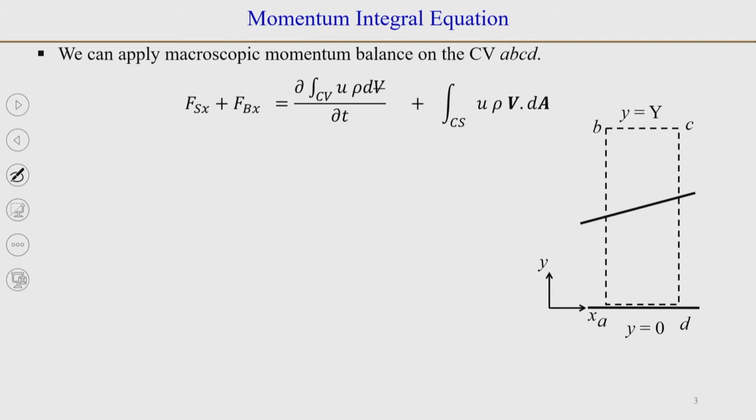So, let us remind ourselves of the Reynolds transport theorem, where we have forces, the surface force and body force, and then ∂/∂t of ∫u ρ dV, which is the rate of change of momentum in the control volume, and the momentum flux at the control surface.